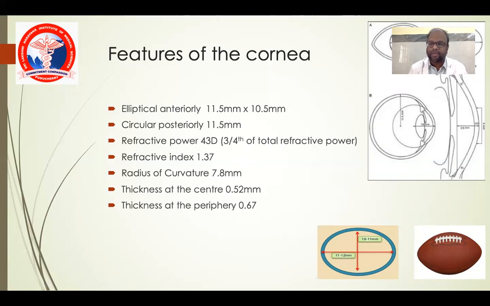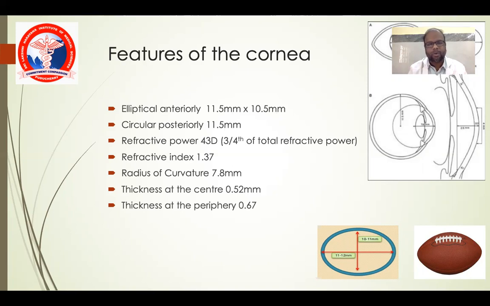To begin with, the anterior surface was also circular, but due to the pressure of the lid drooping on the cornea, the anterior part has been molded to become more elliptical.